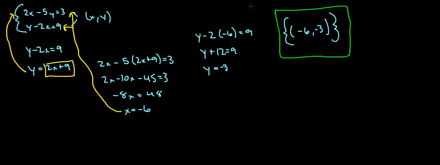And this is how to go about solving for a system of linear equations using substitution. Now there are a couple of other things that can happen. This was a situation where there was one solution, but as I mentioned previously, there are three things that can happen with lines. Either there's an intersection, which was just illustrated with this example.